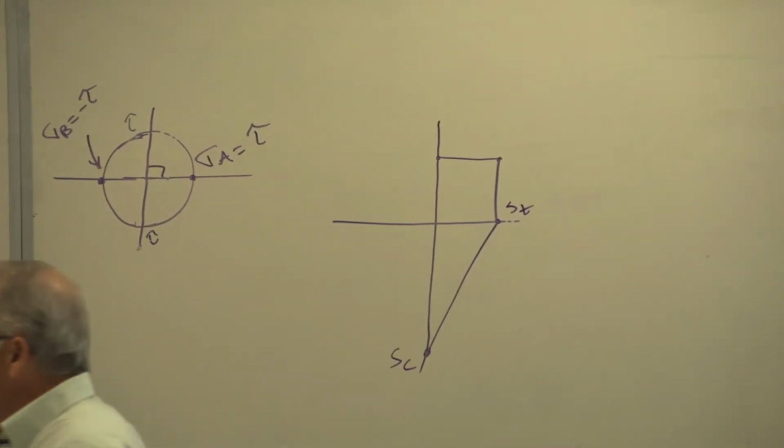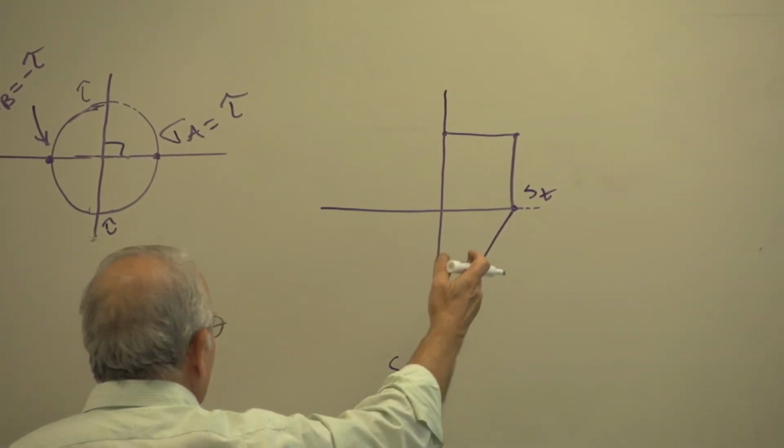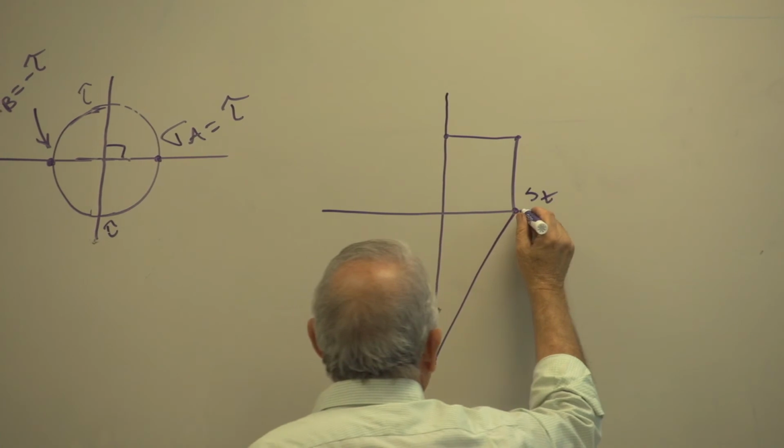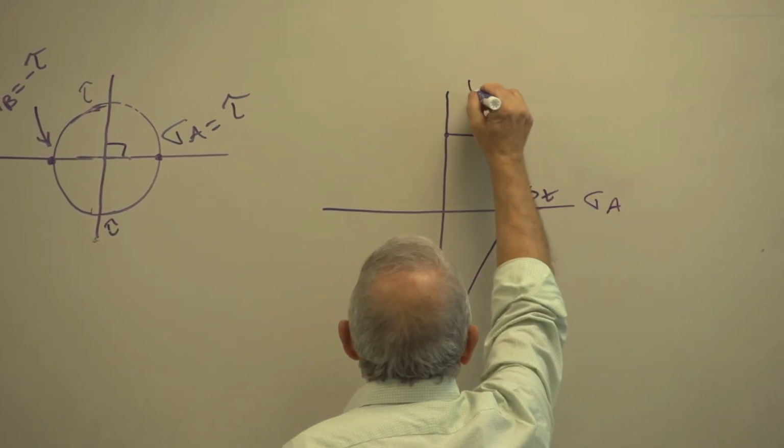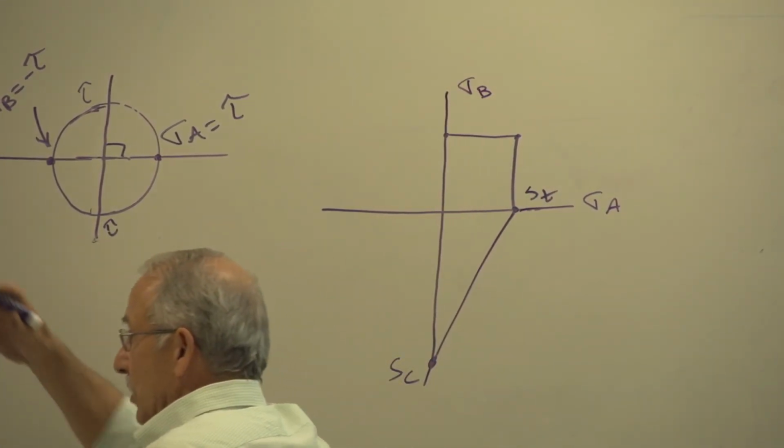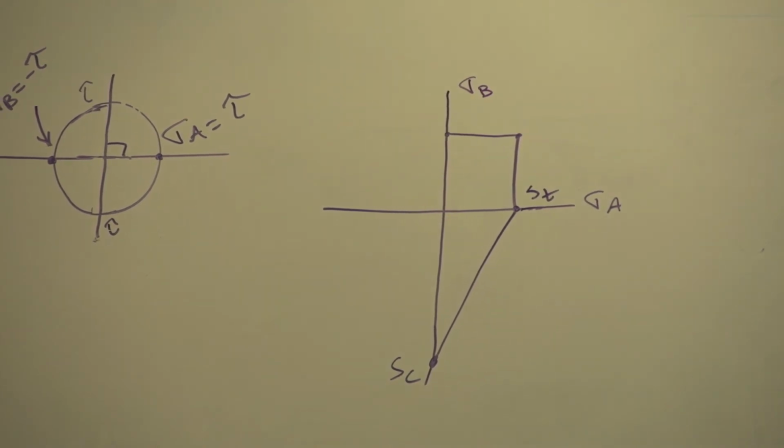So the equation of the strength line is the one I have over there. I'll rewrite it here.